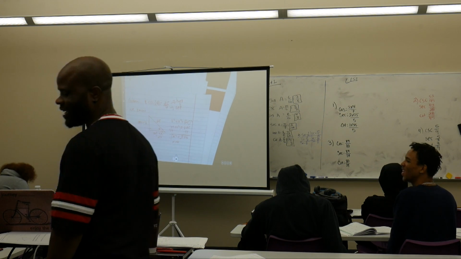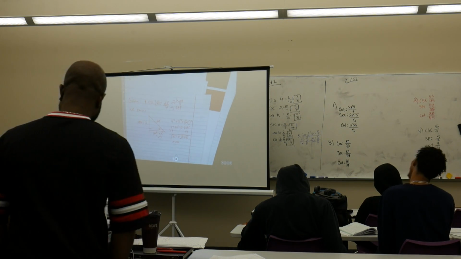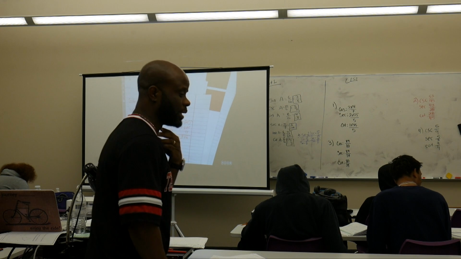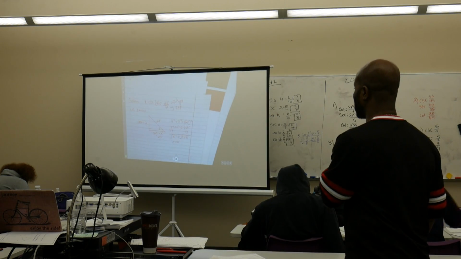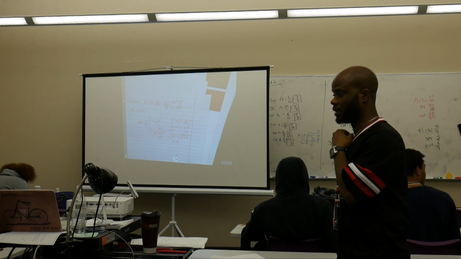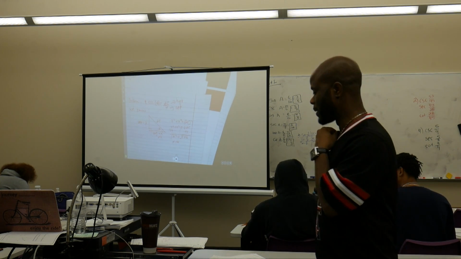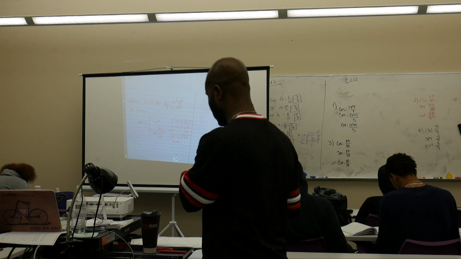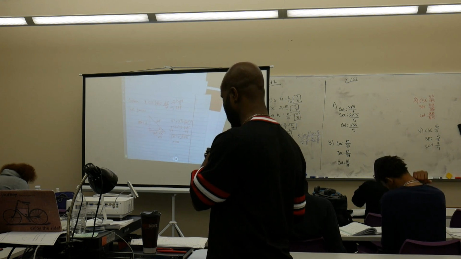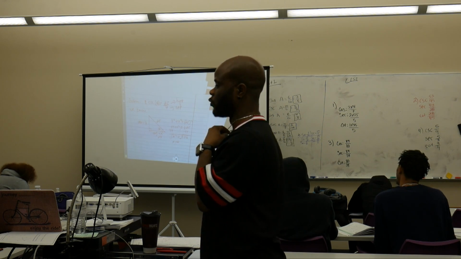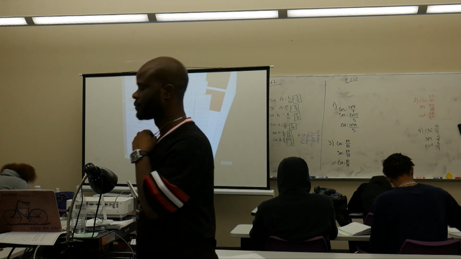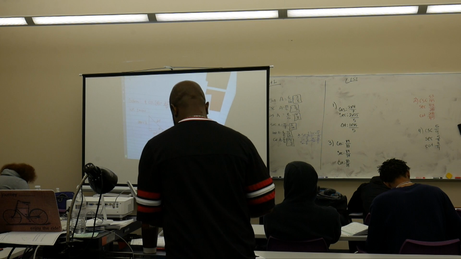Okay. All right. So then secant, which is what? Hypotenuse over adjacent. What is our hypotenuse? 25? And what's our adjacent? 24. So the answer would be 25 over 24, right? Okay. That would be your answer.